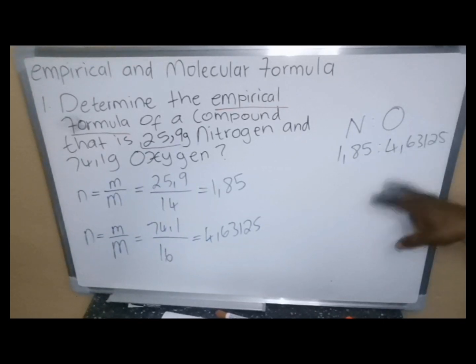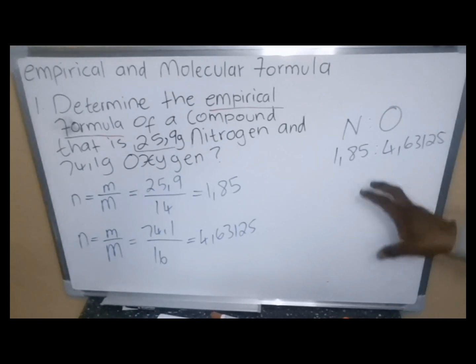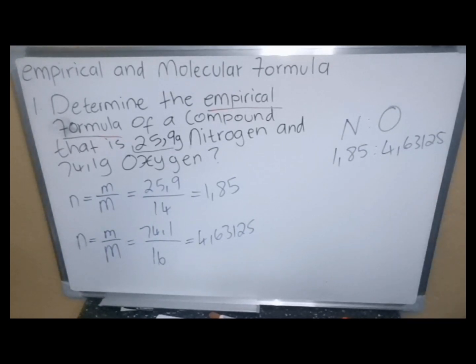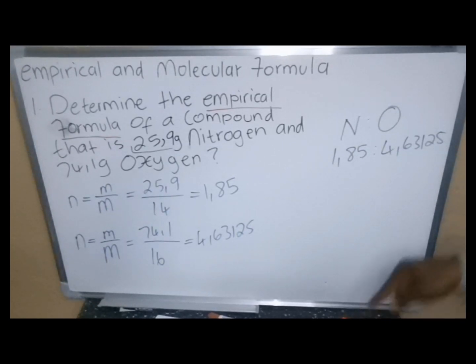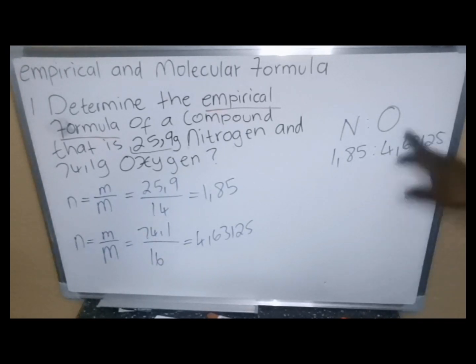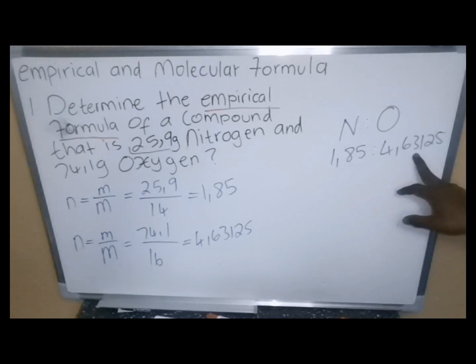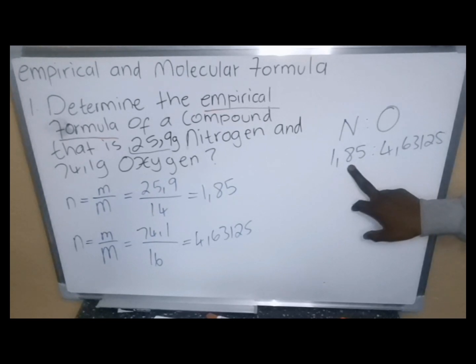Now, to find the ratio between these two atoms, you need to divide each by the one with the lowest value between the two. We can have 3 atoms here, but you must divide each part by the lowest. Between the two, the lowest is 1.85, therefore we must divide each by 1.85.